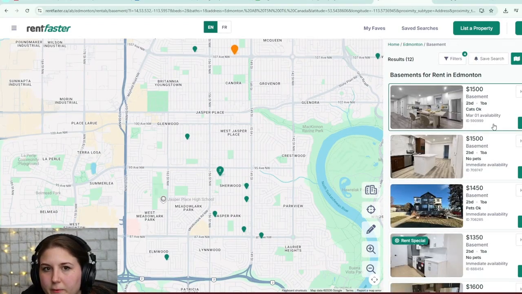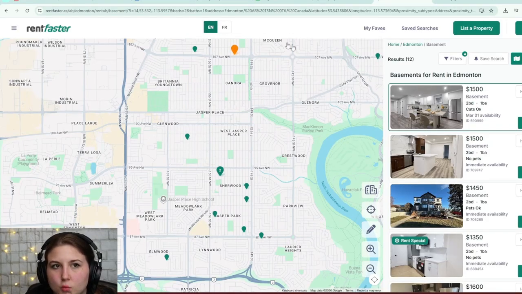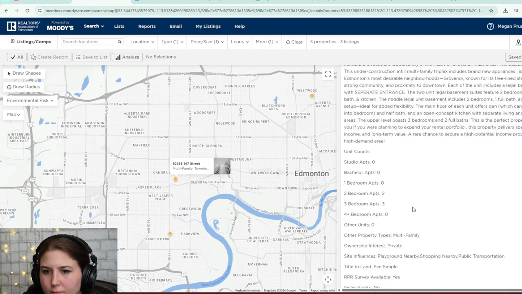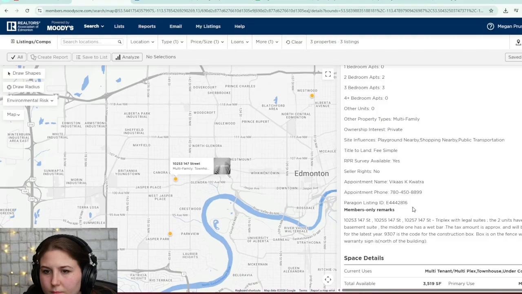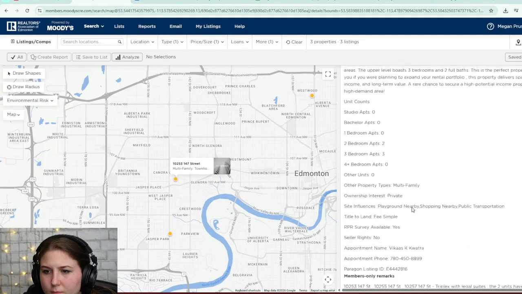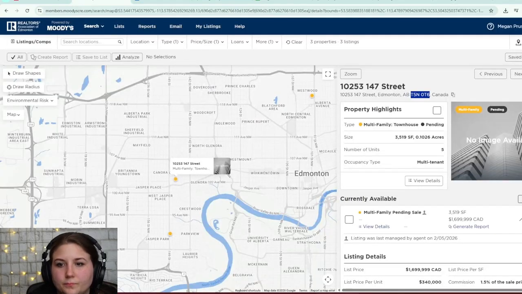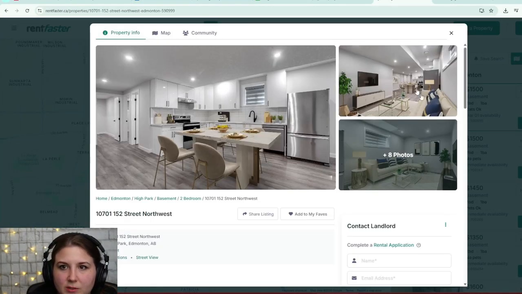Okay, we do have something here closer. 1500. Does that include or exclude utilities? Ooh, that's something we should check about the meters if they say anything. I'm gonna assume it's the same as the other one.